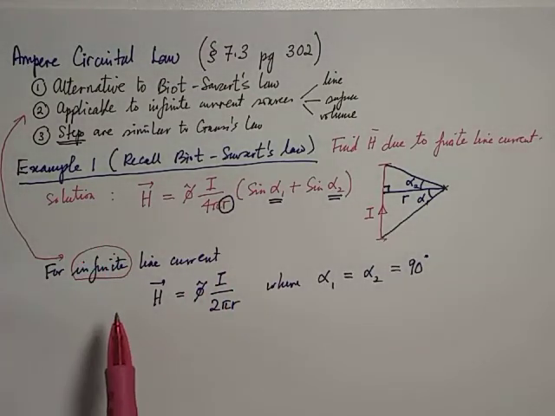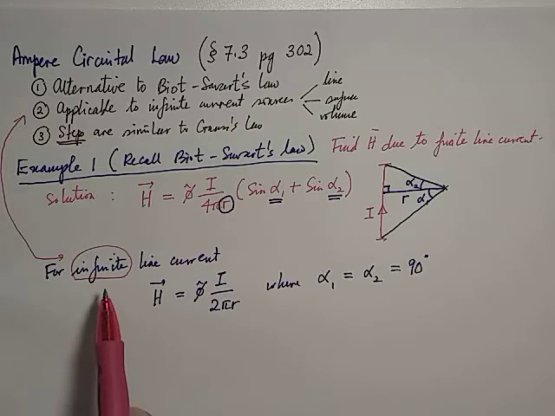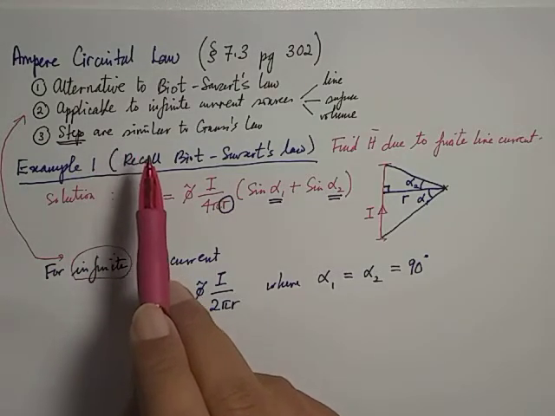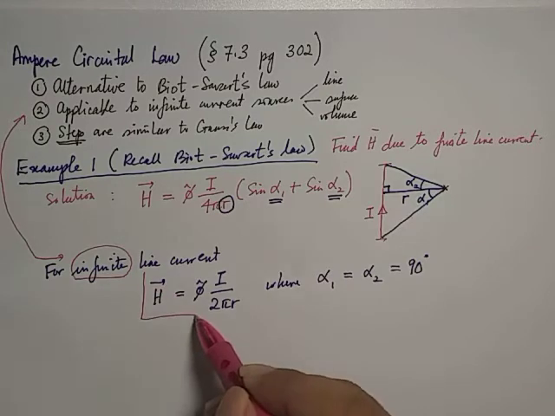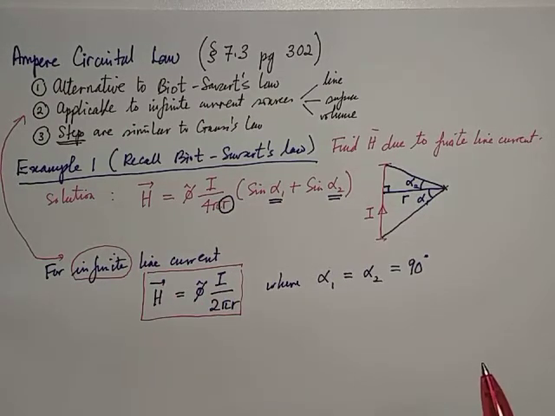So therefore, I'm going to solve this problem, infinite line current, but now we are going to use ACL approach. Hopefully, at the end of our problem solving, we're going to have the same solution as what we obtain using Biot-Savart. Okay, that's going to be our objective now.